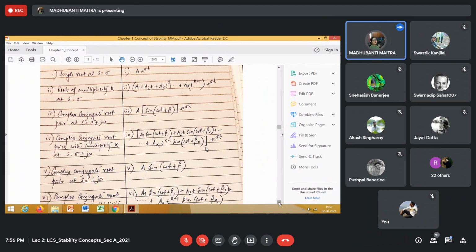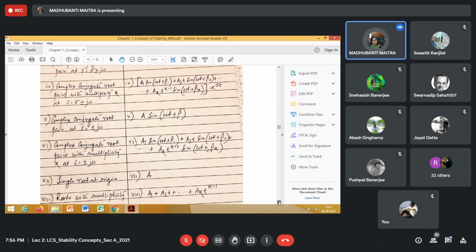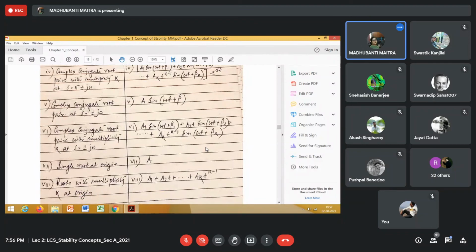Okay, try to remember this. Now we are considering a complex conjugate root pair on the imaginary axis, the j omega axis, at s equal to plus minus j omega. Am I audible? Yes, ma'am. So complex conjugate root pairs are occurring on the imaginary axis.